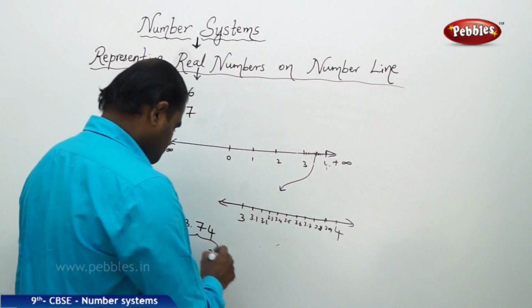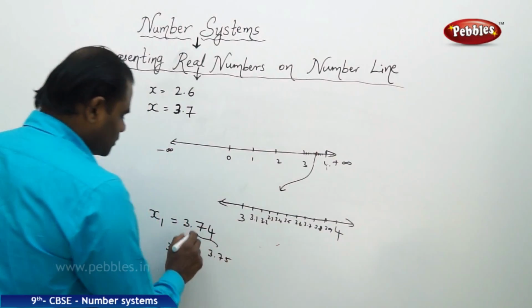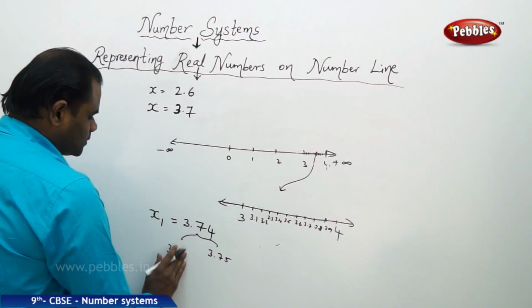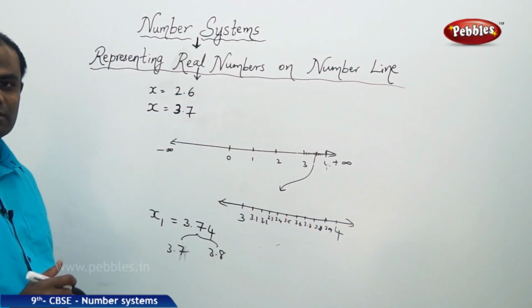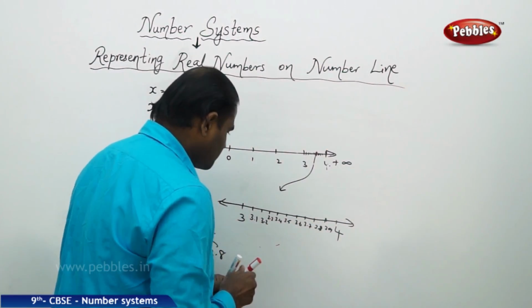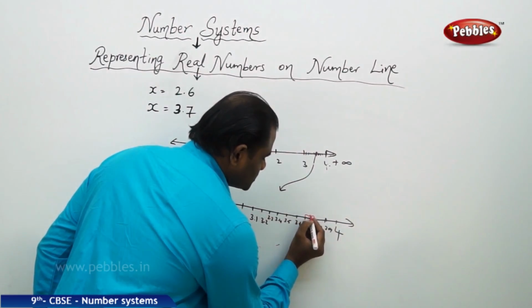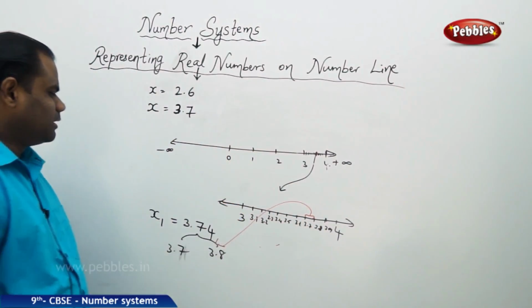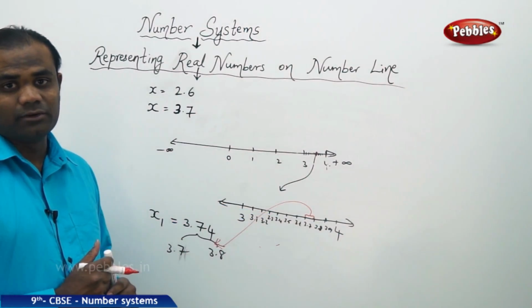This value is between 3.7 and 3.8. So this value of 3.74 lies in the region between 3.7 and 3.8. This is the region where this value lies. Therefore, I try to again break up this interval into 10 subdivided intervals.